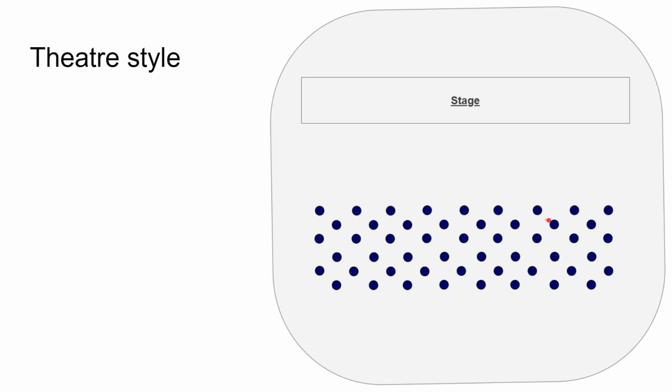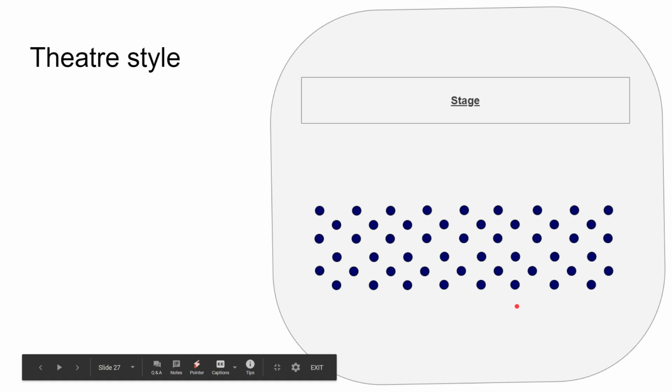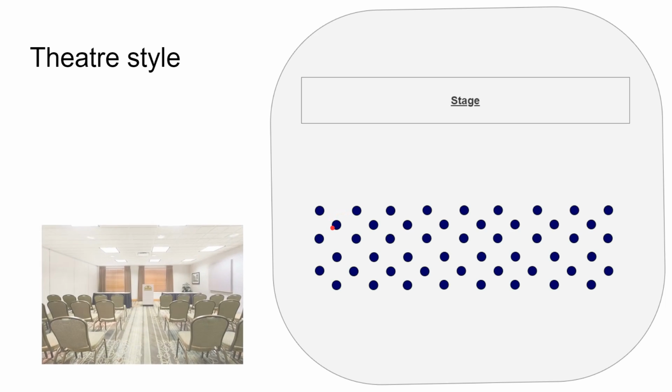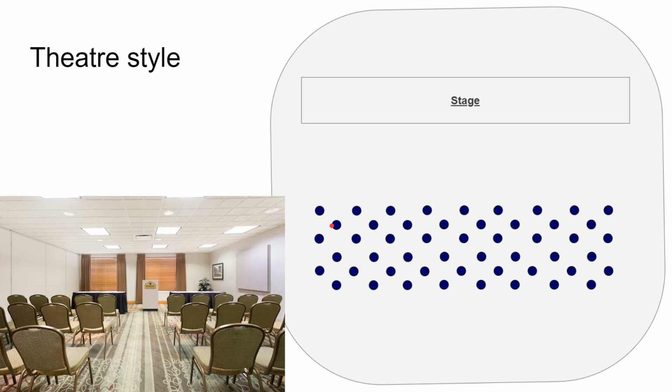So that all the people can have a good view towards the stage. Usually in theaters, the arrangement is made this way so that everyone can see the screen clearly, right? So theatre style arrangement means the second row people are always seated in between the first row.